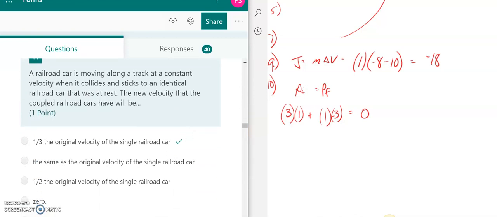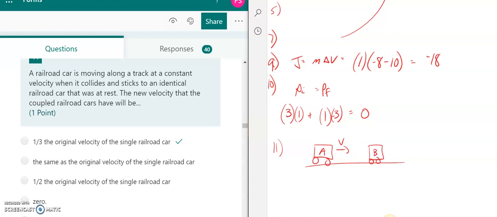Number 11, a railroad car is moving along a track at a constant velocity, collides and sticks to an identical railroad car that was at rest. The new velocity that the coupled railroad cars will have will be, so you've got car A going along at a velocity v, collides and sticks to car B that was not moving at all.